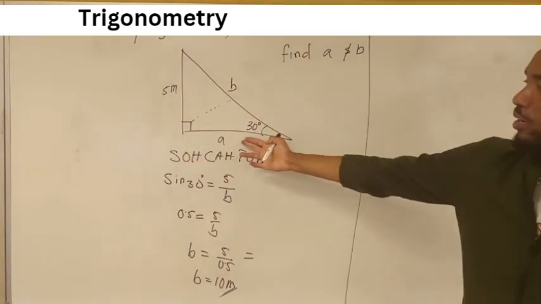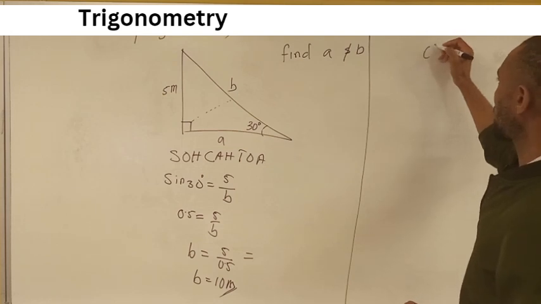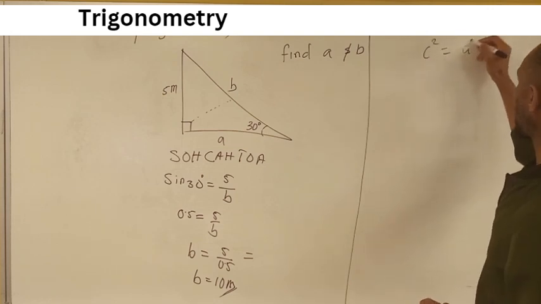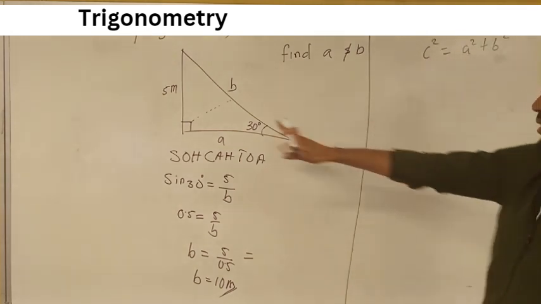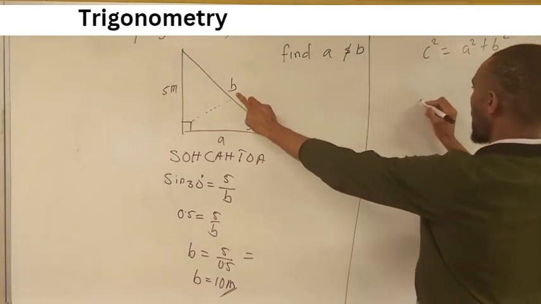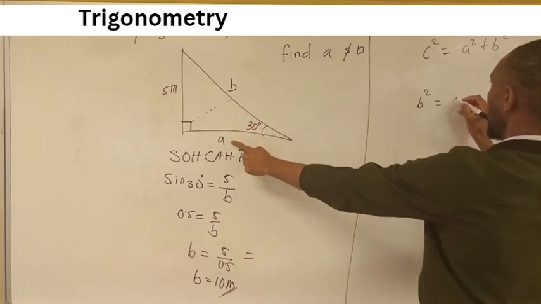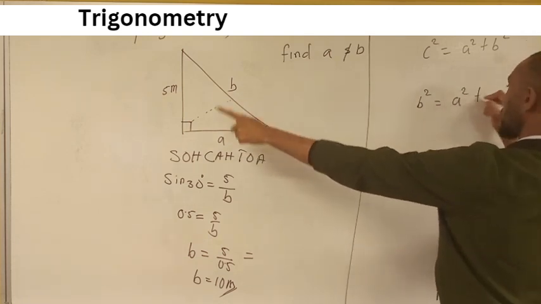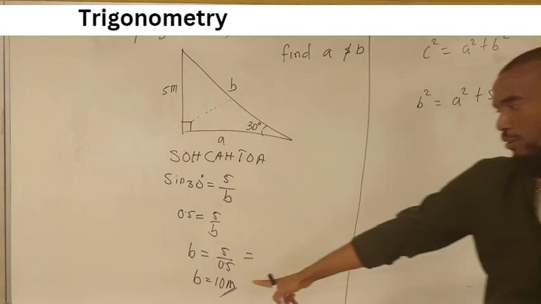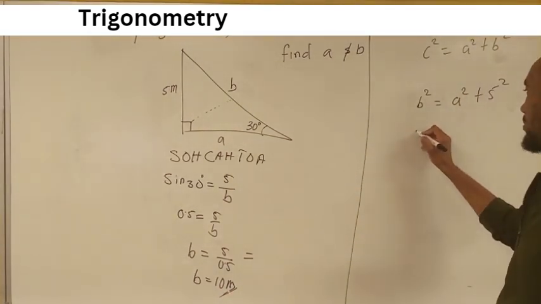So to find a, we can just apply the Pythagorean theorem, which states that c squared must be a squared plus b squared. And in this case, applying it correctly, I will have that this is the hypotenuse, which is b squared, then a squared plus 5 squared. But then I know that this is 10, so I can replace b by 10.